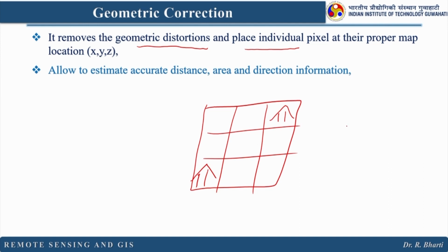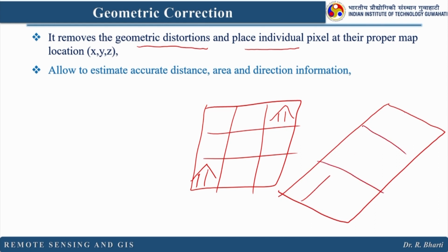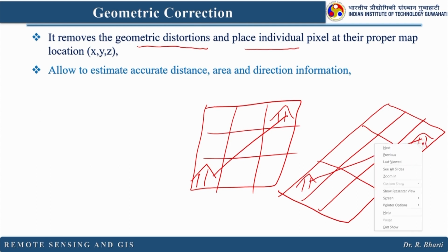If there is a change in the position because of a change in the altitude, attitude or different parameters, then this may appear in your image like this, and the house is here and the house is here. In this case the distance from this to this is different. Actually this is the correct one, and this is the wrong one.